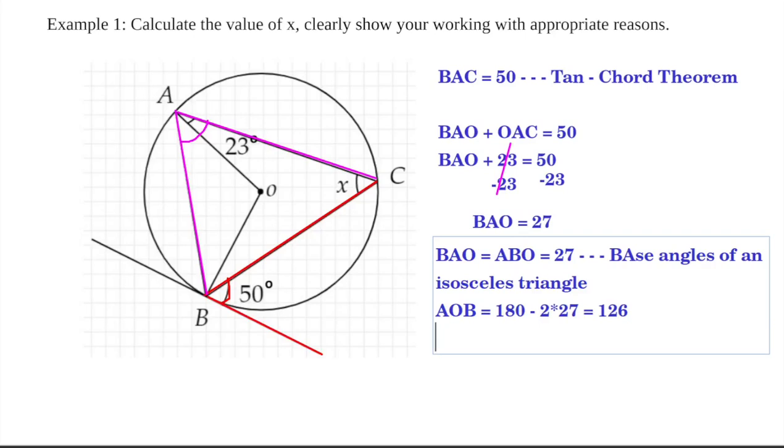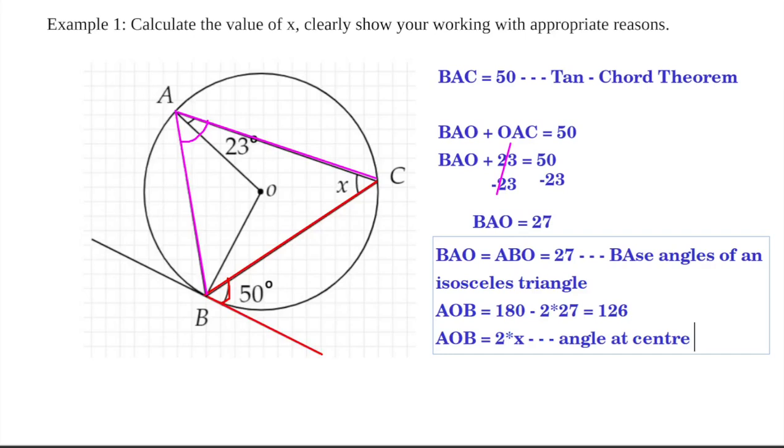Now angle AOB is equal to 2 times angle X. Angle at the center is twice the angle at the circumference.